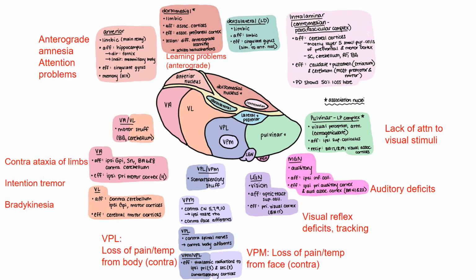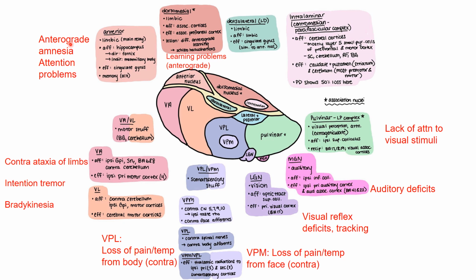Okay, and I also believe that this will be very important, because a great way to ask questions about the thalamus is, say someone comes in with a certain problem, what area of the thalamus would be damaged? So we will go over this really quick. If someone comes in with anterograde amnesia or attention problems, you know this must be a part of the limbic system because we're talking about memory here, and making new memory specifically.